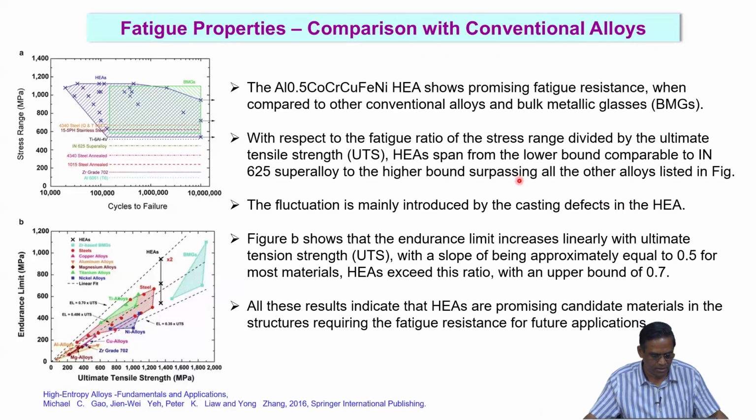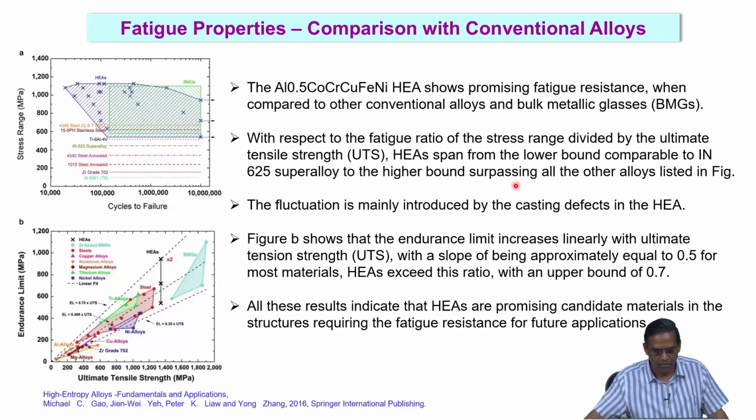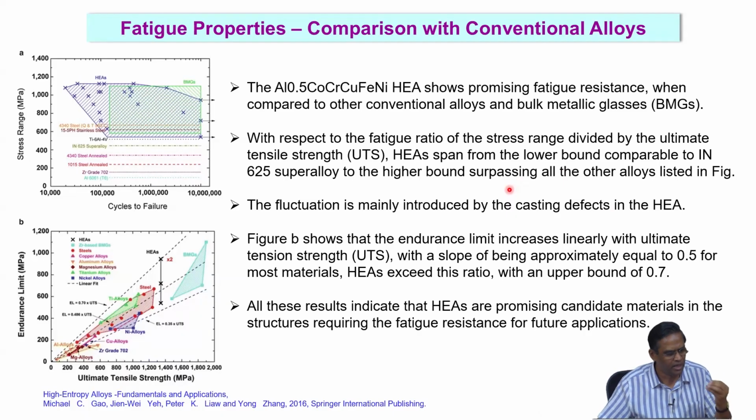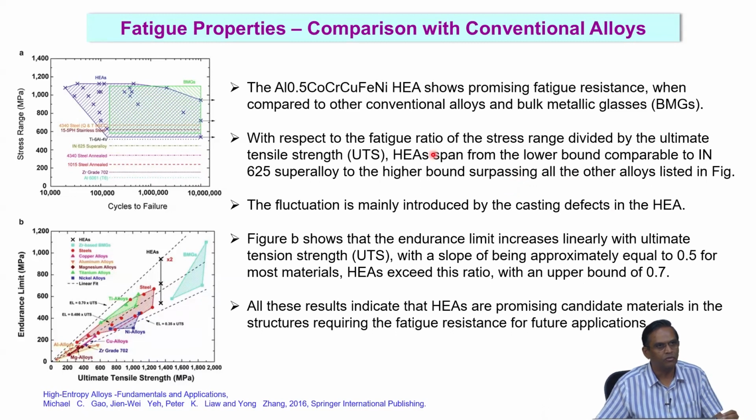Let us compare this, because fatigue testing requires quite a bit of time and volume of material to characterize all sorts of materials. So people have conducted very limited fatigue tests, then they try to characterize the SN curves.